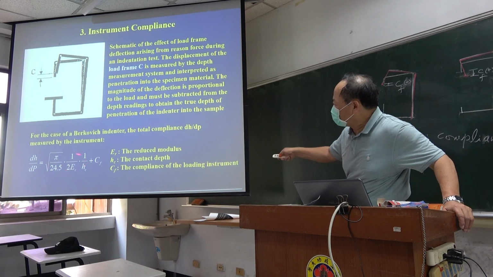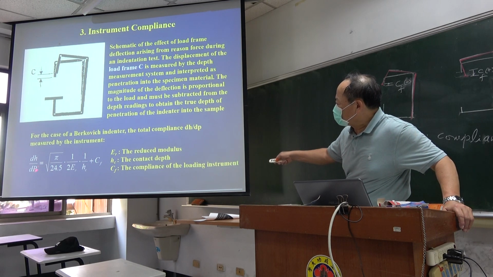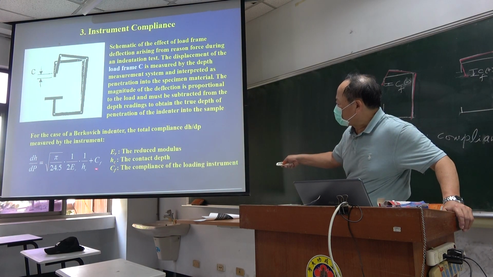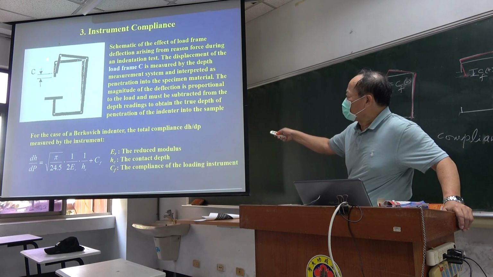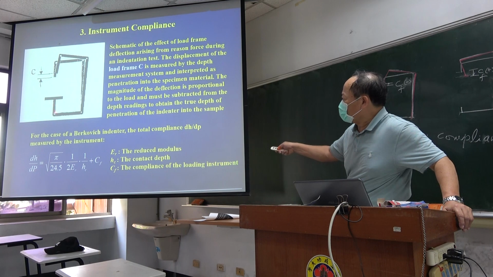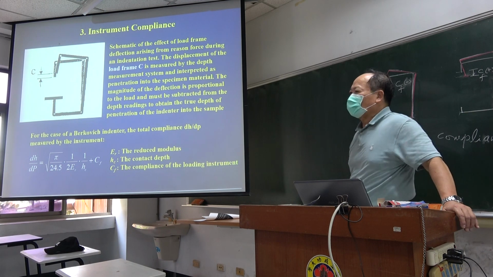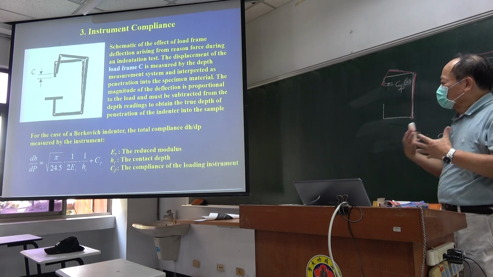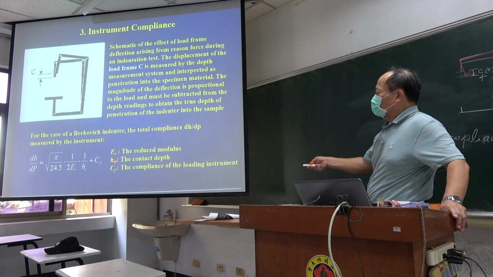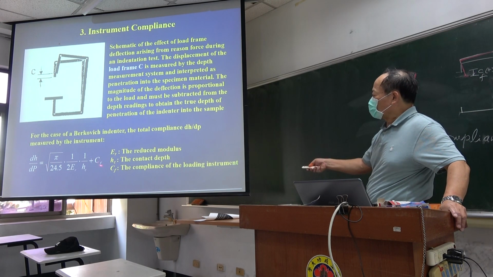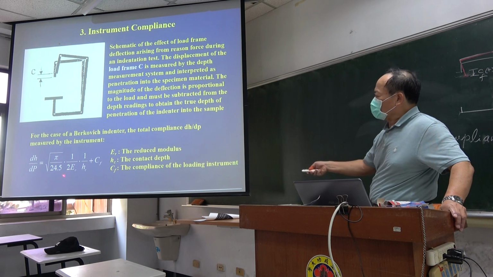First, how to obtain it? dH/dP is obtained from your curve, right? Obtained from your measurement. The C_F is a variable. When you use this machine, the C_F is always available. The manufacturer will provide you the C_F value. So this value minus C_F value is just this value.